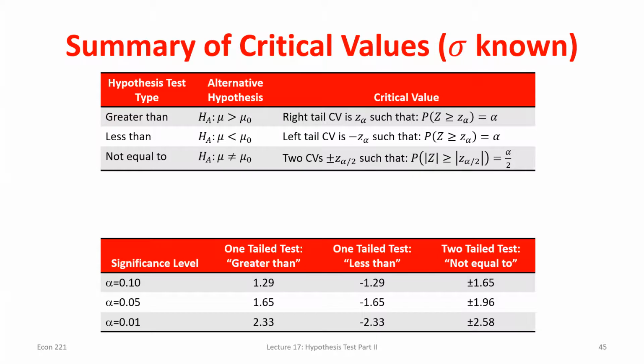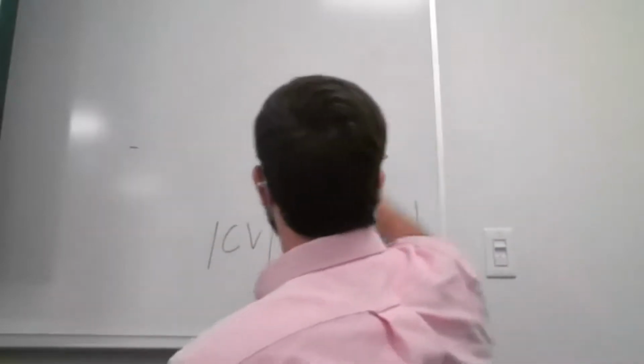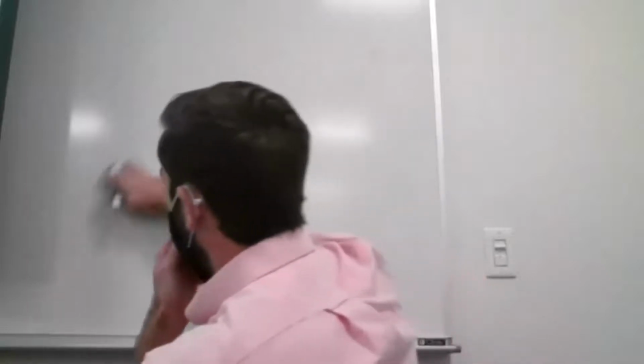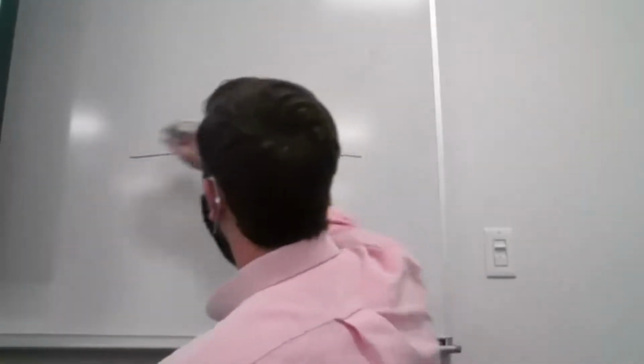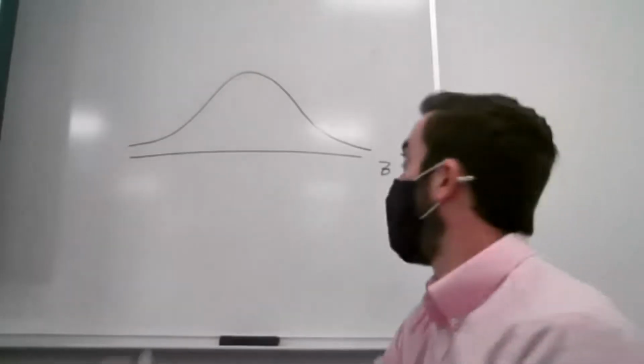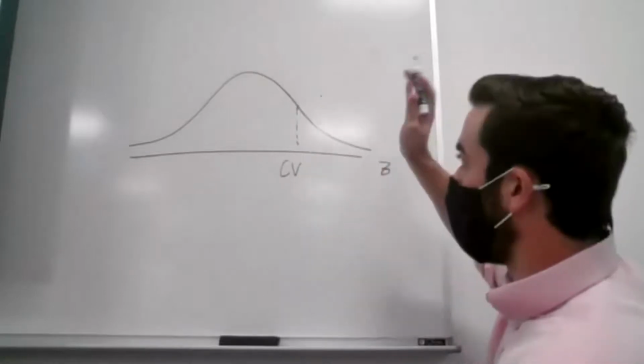So what I'm really saying with these critical values is I want to make sure that I'm only going to be rejecting for certain test statistics. Here, I'll draw it out first. So here's my critical value. Let's just do a right-tailed test.